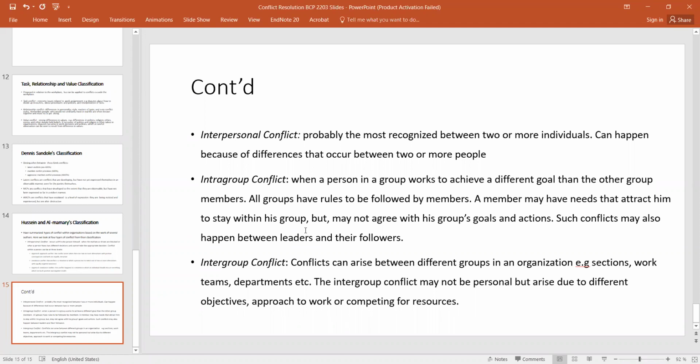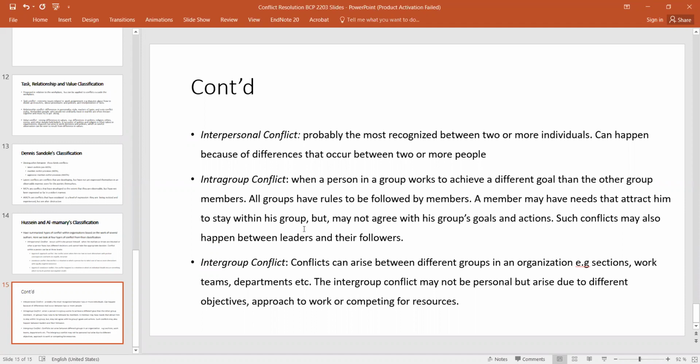Interpersonal conflict. This is the one we probably recognize most. When people think about conflict, they're usually thinking about interpersonal conflict between 2 or more individuals, because there are certain differences between these 2 or more people.